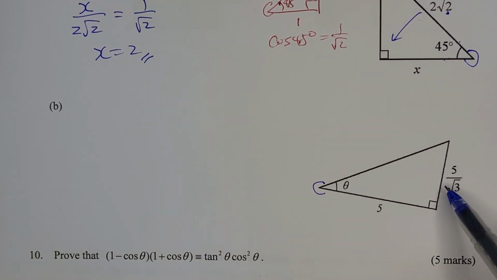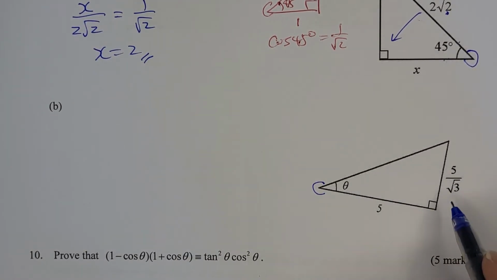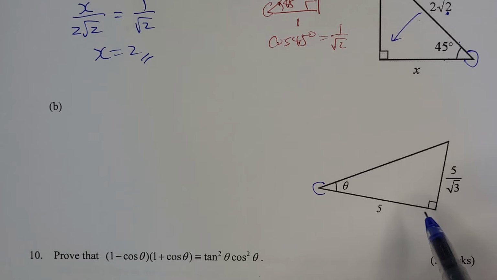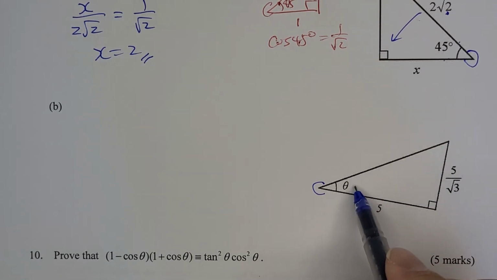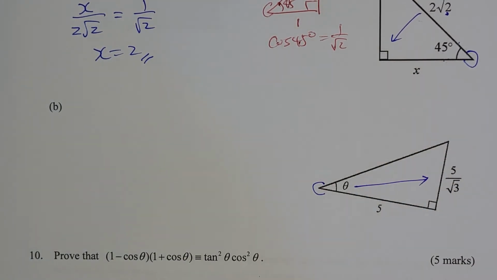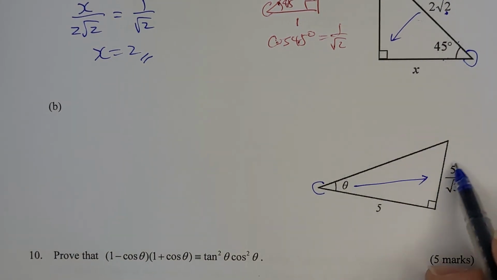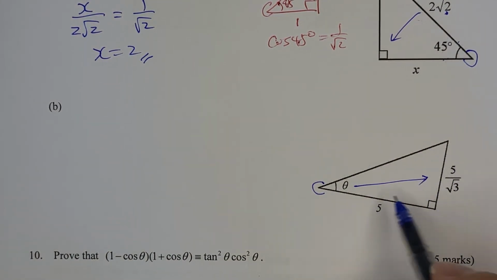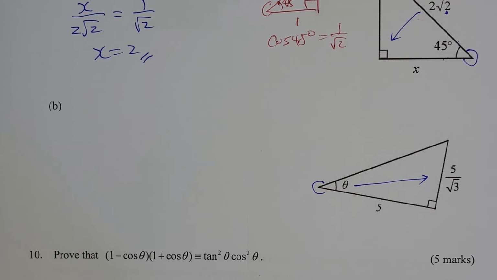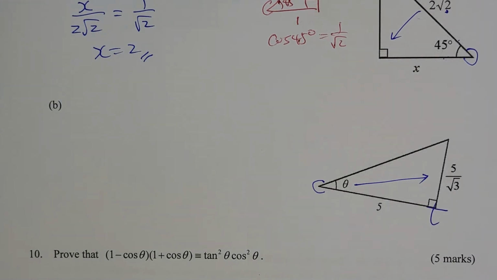How about whether we can use these two? For this theta, you draw the line like this. Then this line 5 over square root 3 will be the opposite side of this theta. And you draw a small letter t here.